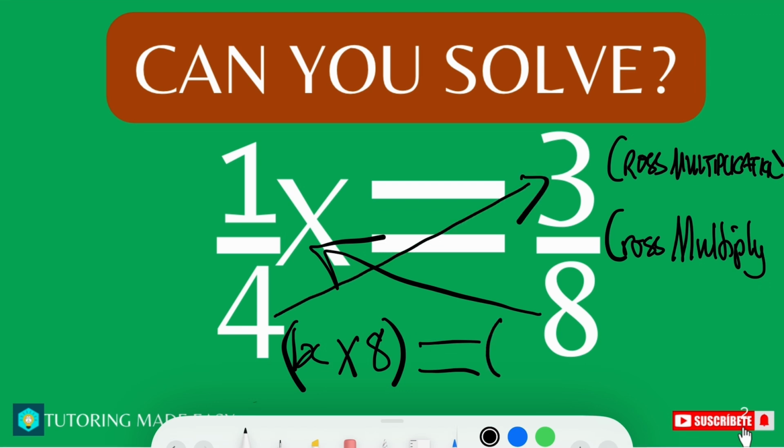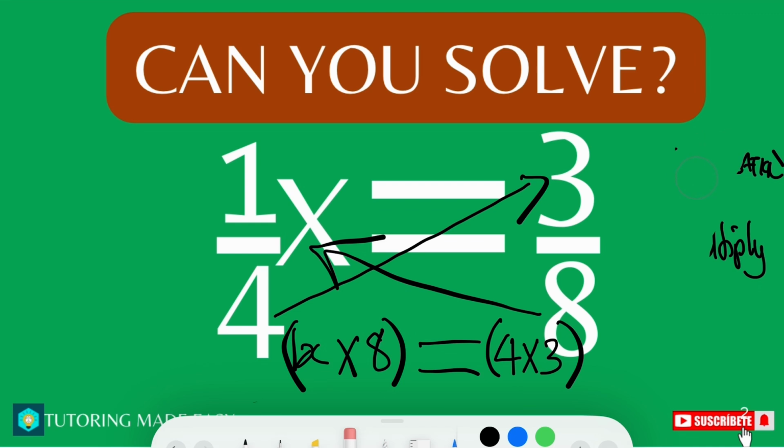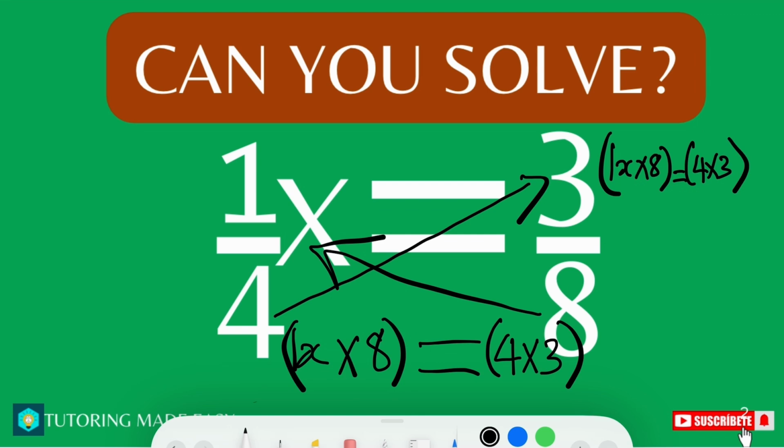So that's going to give us 4 multiplied by 3. As you can see, from this step, we have 1x times 8 equal to 4 times 3.